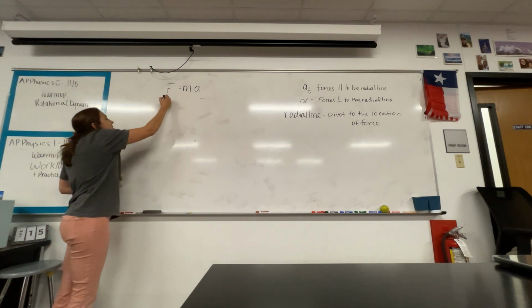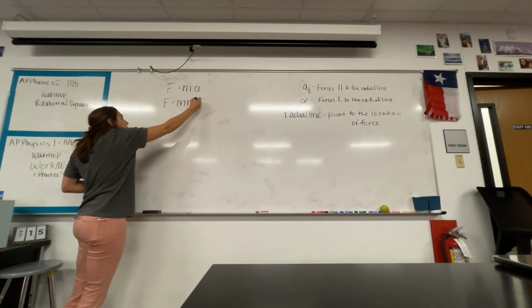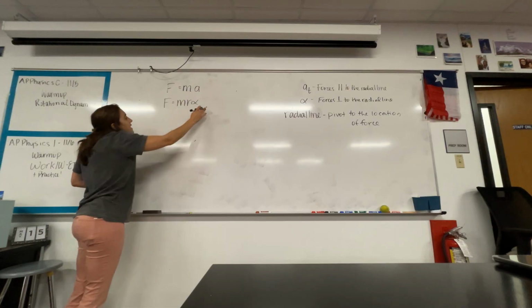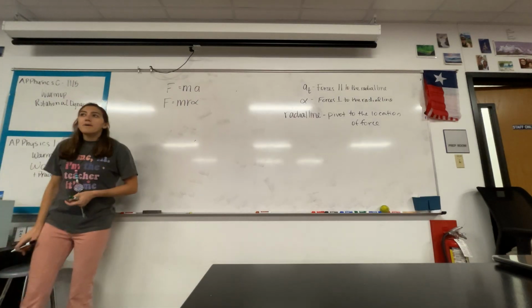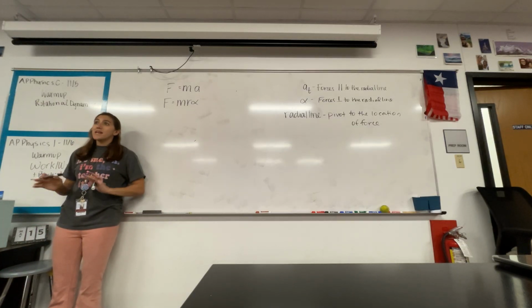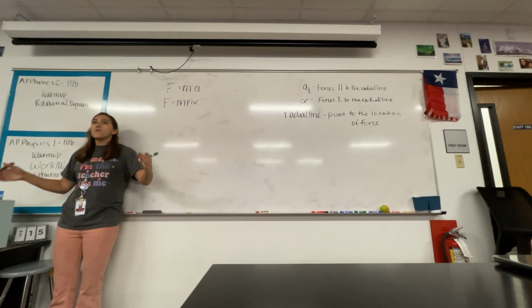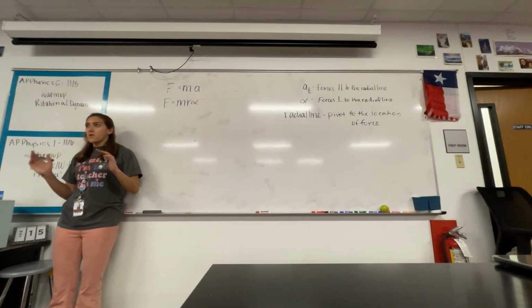So a force by itself can't actually cause this, but if I change a to r times alpha, now I have alpha in my equation. Again, this equation does not do anything. Force cannot cause an angular acceleration unless it's a distance away. So right now this is a nothing equation.